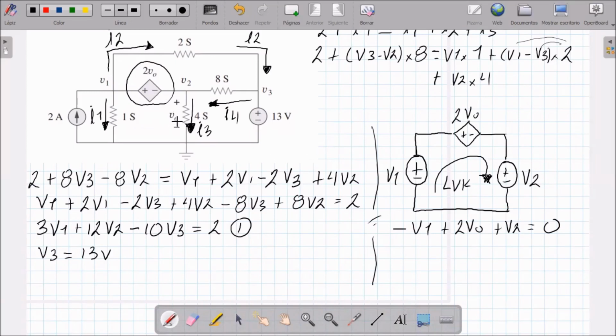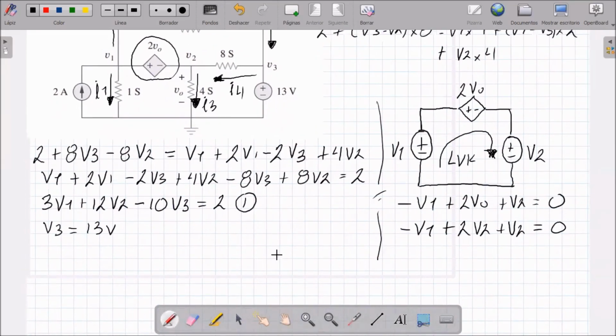So V sub 0 is the same as V2, which is the voltage drop across this resistor. So minus V1 plus 2 times V sub 0, but V sub 0 is V2, plus V2, that gives me 0. Okay, so the equation would be minus V1 plus 3V2 equals 0.